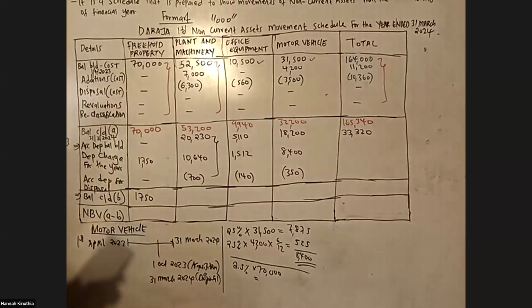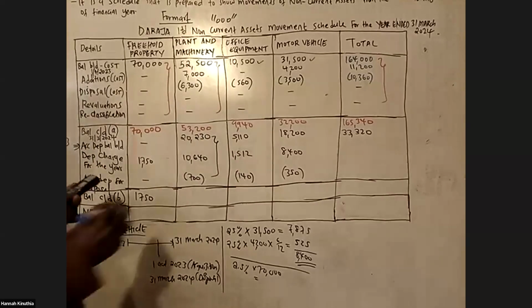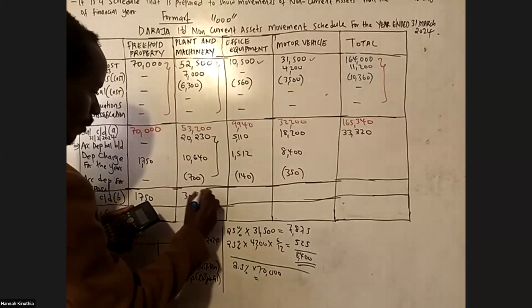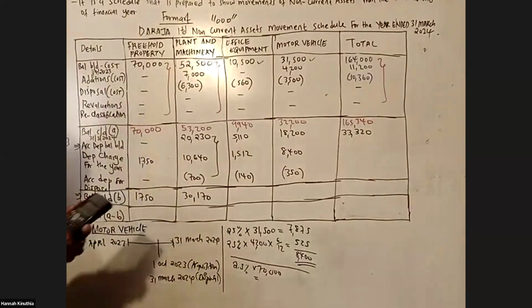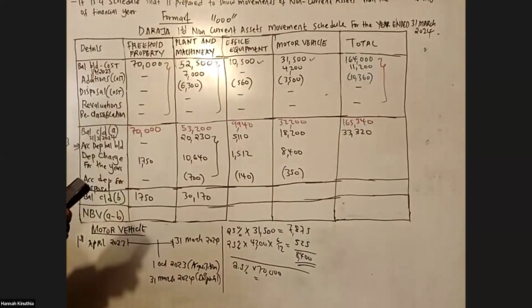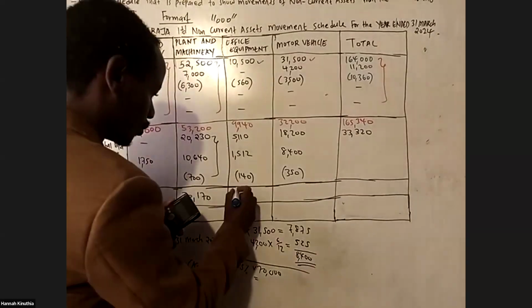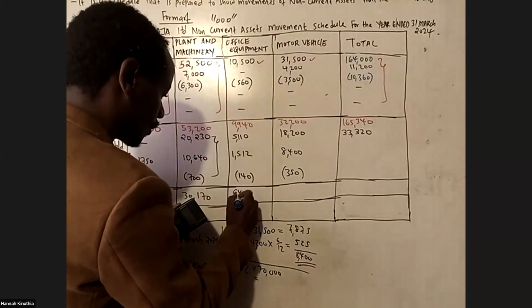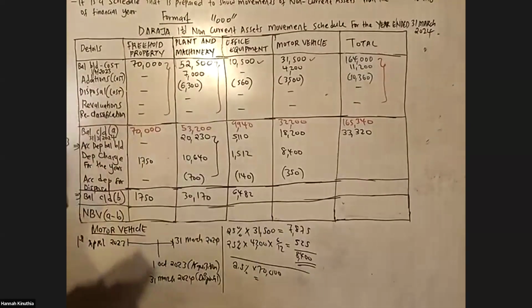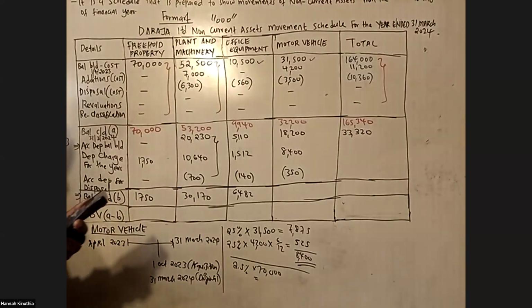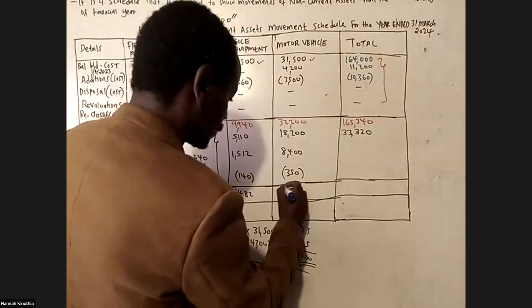So inakuwa ni 20 to 30, 20 to 30 plus 10, 640 minus 700, 30,170, 51, 10 plus 15, 12 minus 140, 64, 82. 18,200 plus 8400 minus 350, 26 to 50.